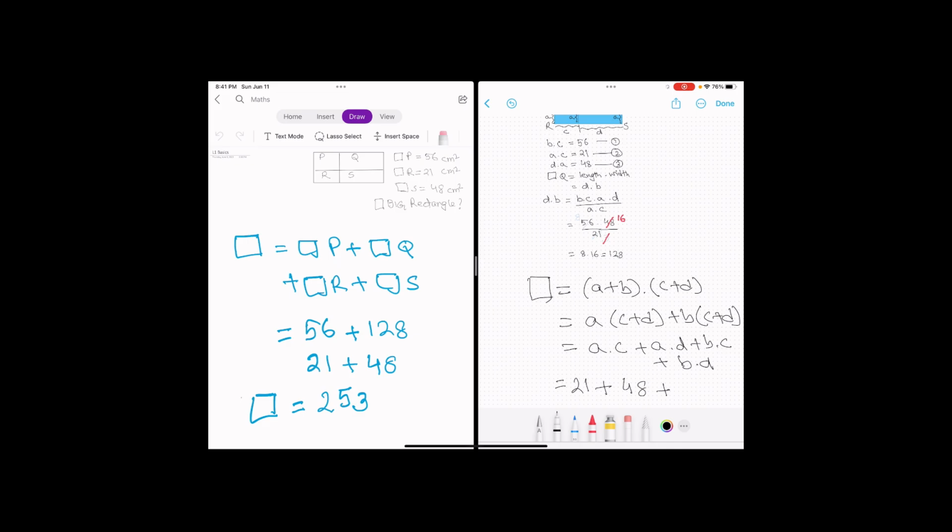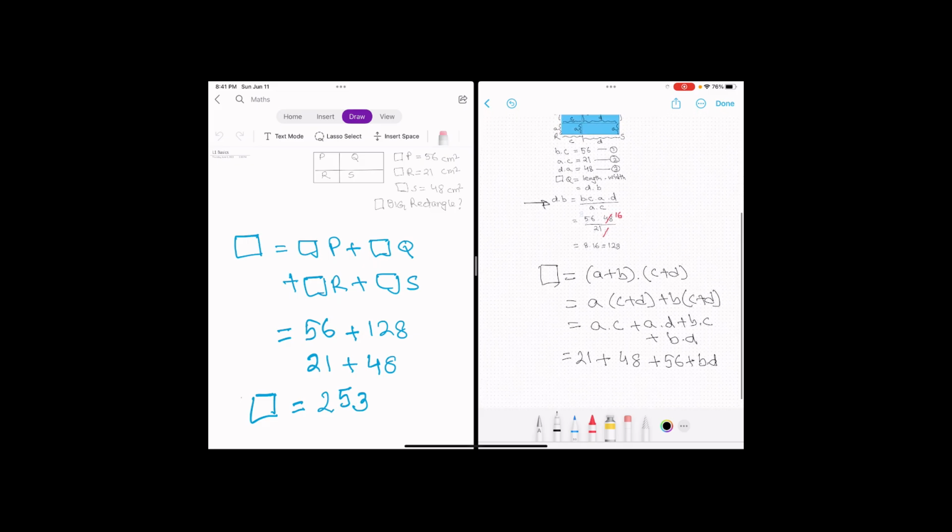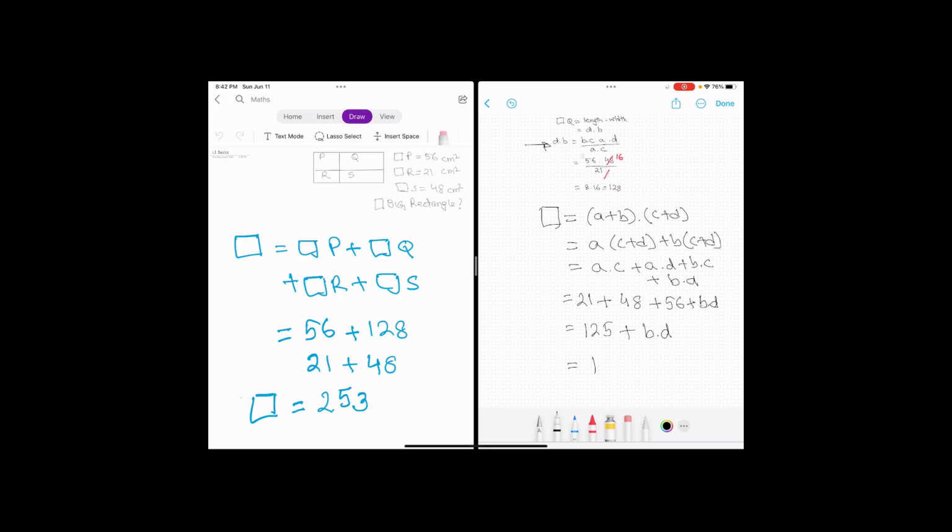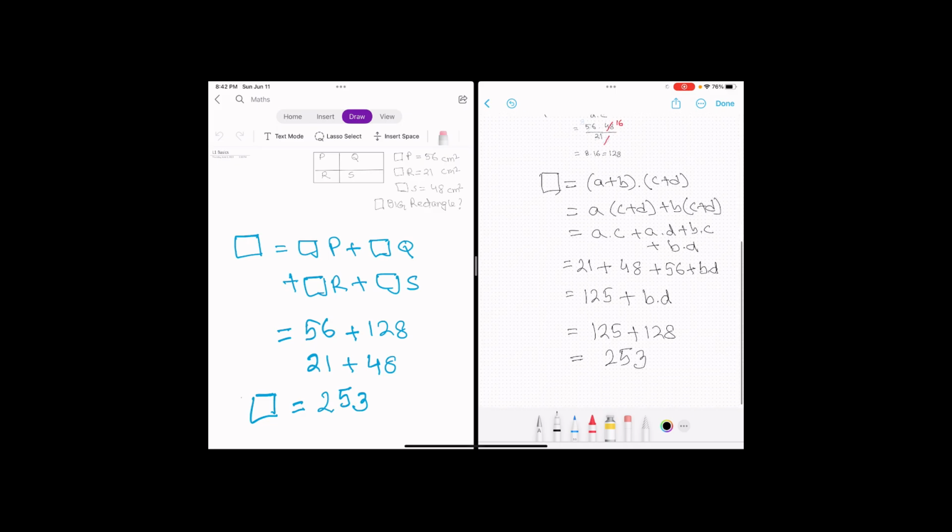B into C from equation 1 is 56, plus B multiplied by D. Again, it comes down to the fact that we have to calculate B multiplied by D. And this comes out to be 125 plus B into D. Now we know B into D is 128. So if we do 125 plus 128, I get 253, which is the same answer that I got earlier.